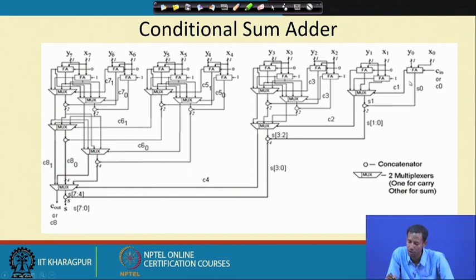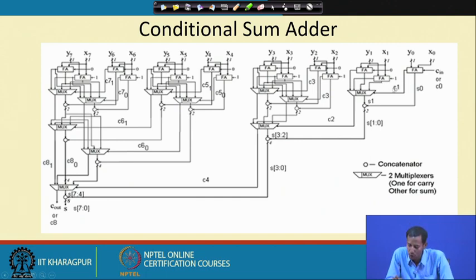Why have I not considered this for the LSB position? Because this C in is the external signal, which comes directly to this point. So, I do not need the multiplexer operation over here.